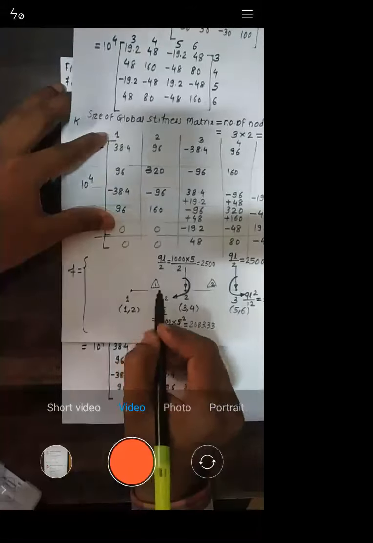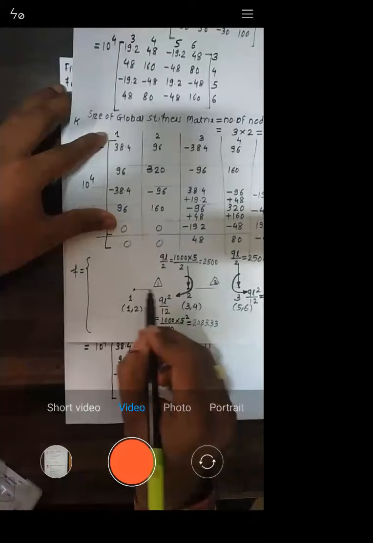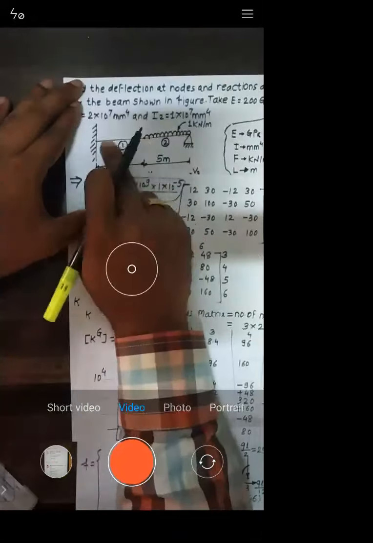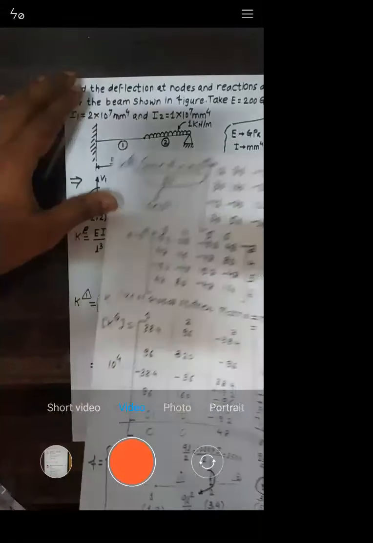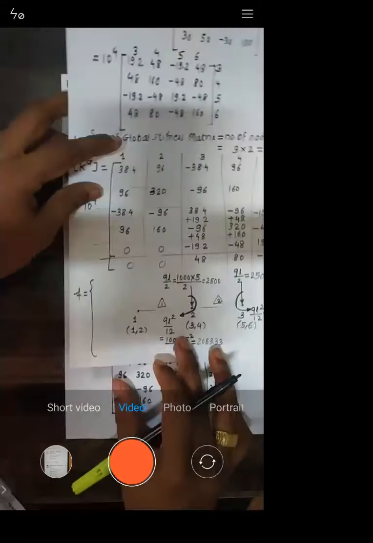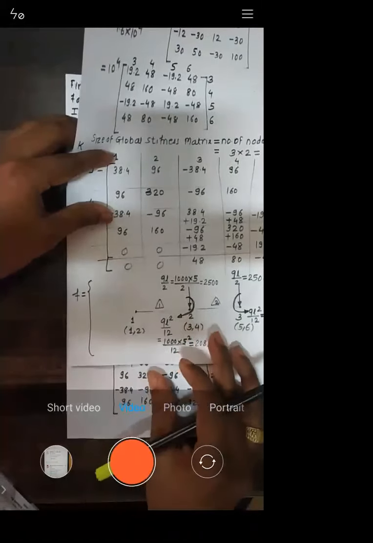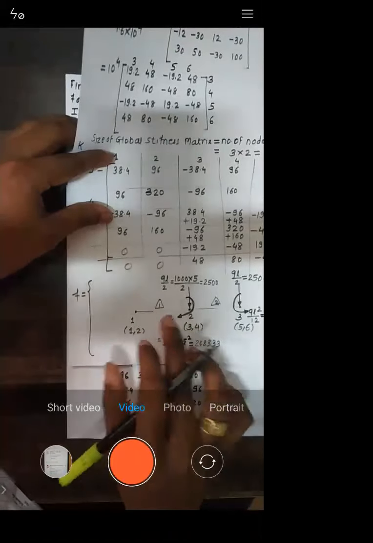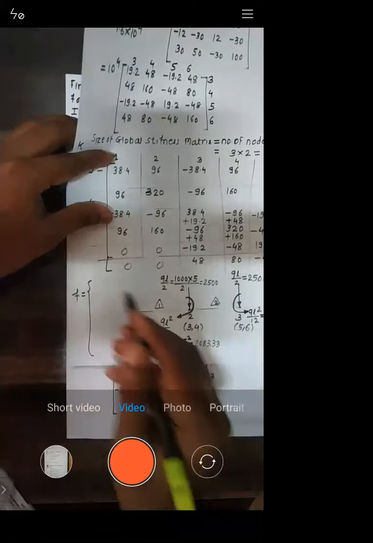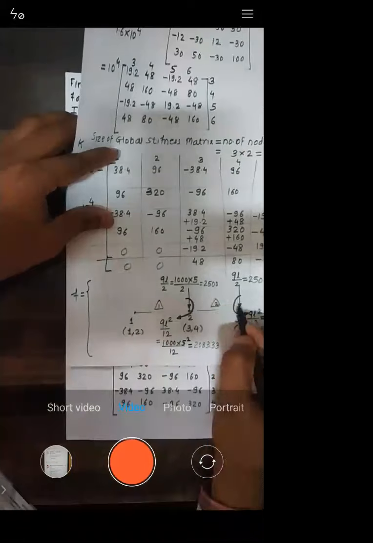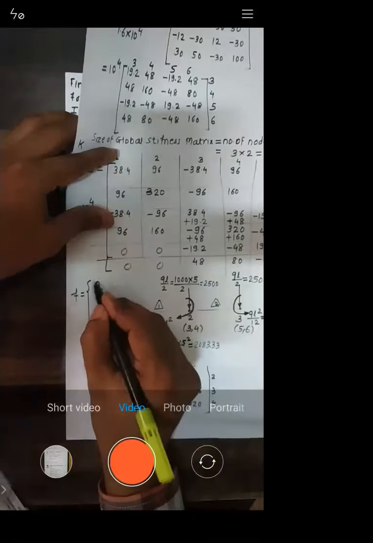Is there any uniformly distributed load on element number 1? No. As there is no load on element number 1, you are not supposed to convert it, so on node number 1 it is 0.